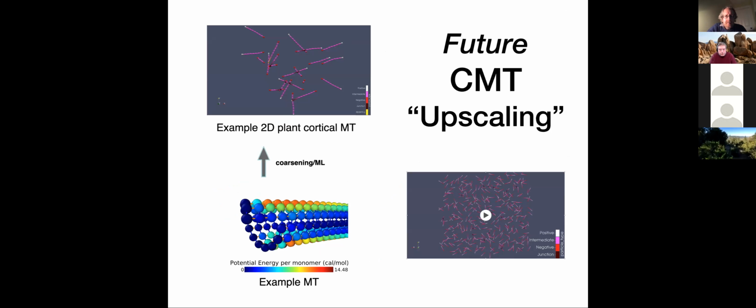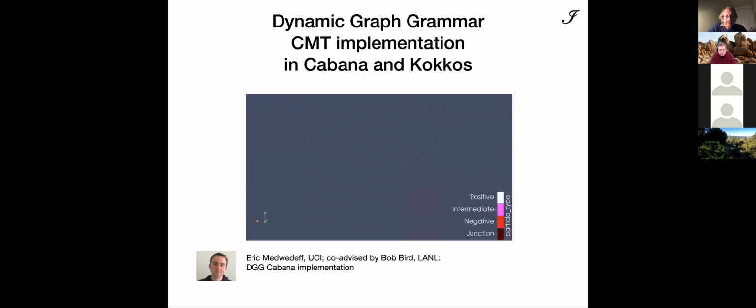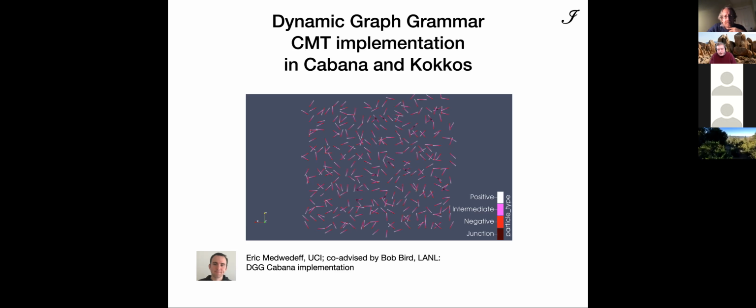And I'll show you a simulation like that in a bit. So here is a now yet coarser scale model of microtubule treadmilling. And this is using a dynamical grammar model that I'll show you in a minute.